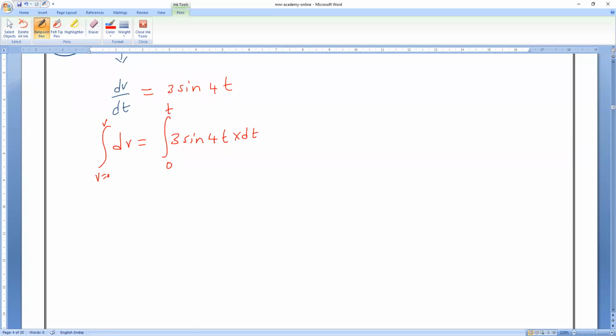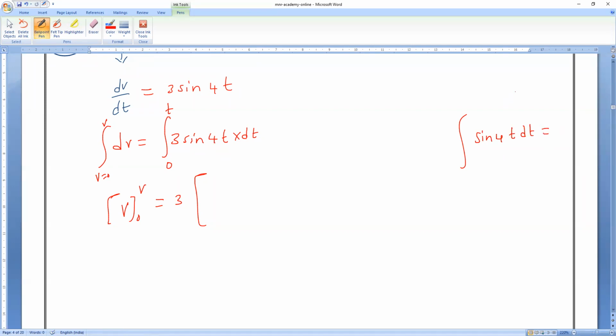Integration of dv is v, with limits 0 to v. Equal to 3, which is a constant, I take outside. Now tell me the integration of sin 4t dt.